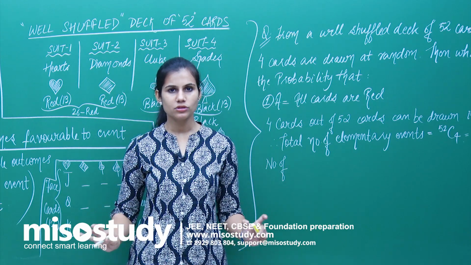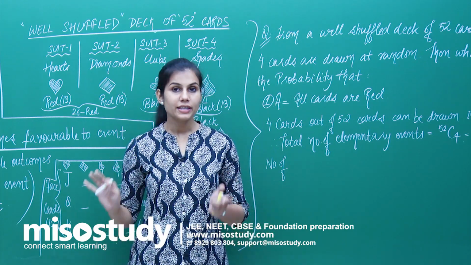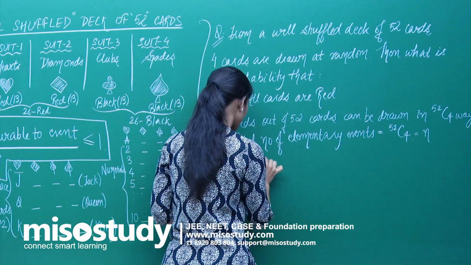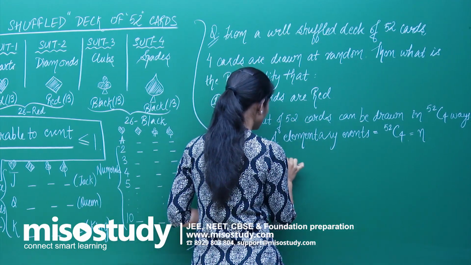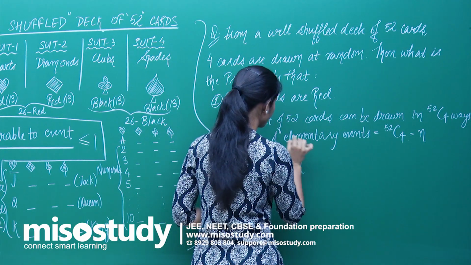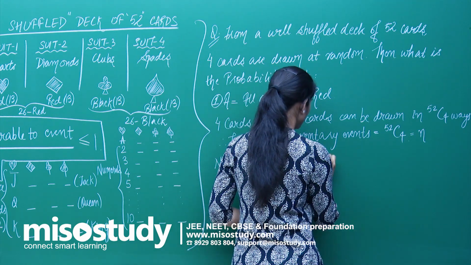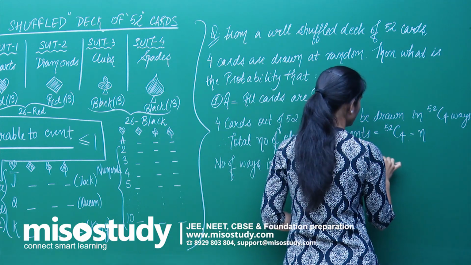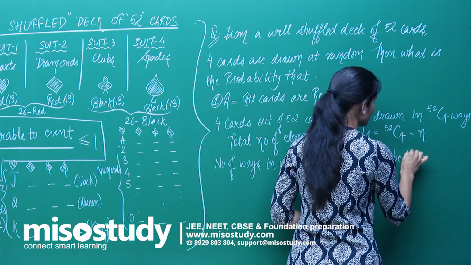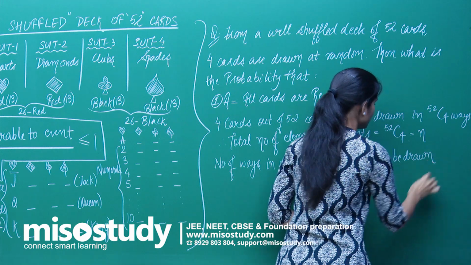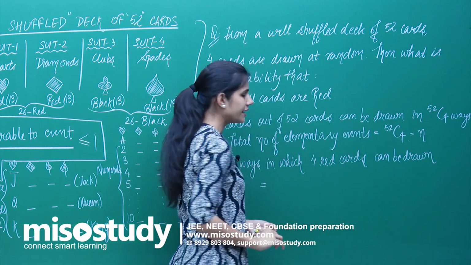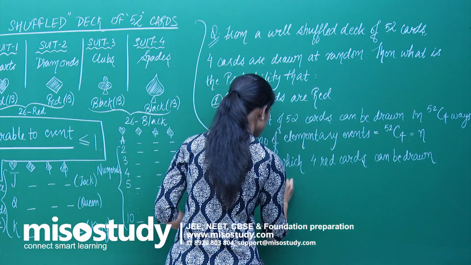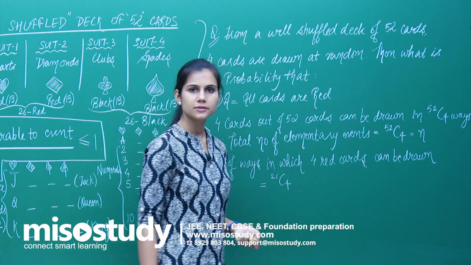That is my favorable outcome, favorable to event A. That means the number of ways in which 4 red cards can be drawn, out of 26 red cards, is 26C4 ways.